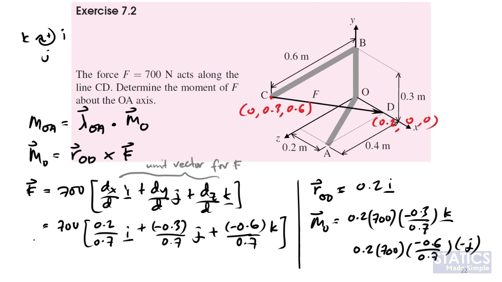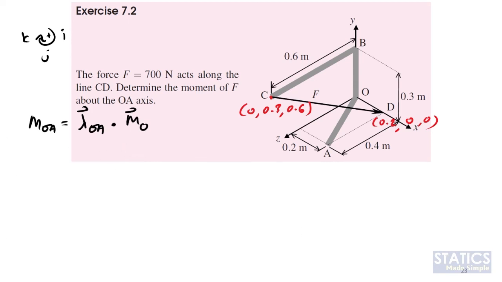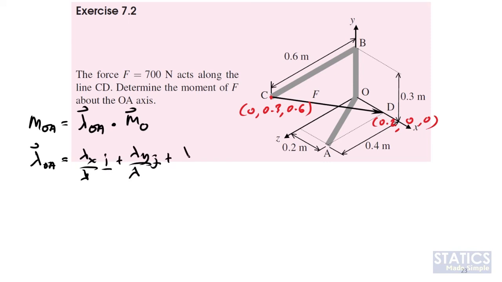Once we have MO, we can move on to determine what's MOA. So lambda OA is the unit vector from O to A. The unit vector here will be equal to lambda x over lambda i plus lambda y over lambda j plus lambda z over lambda k.